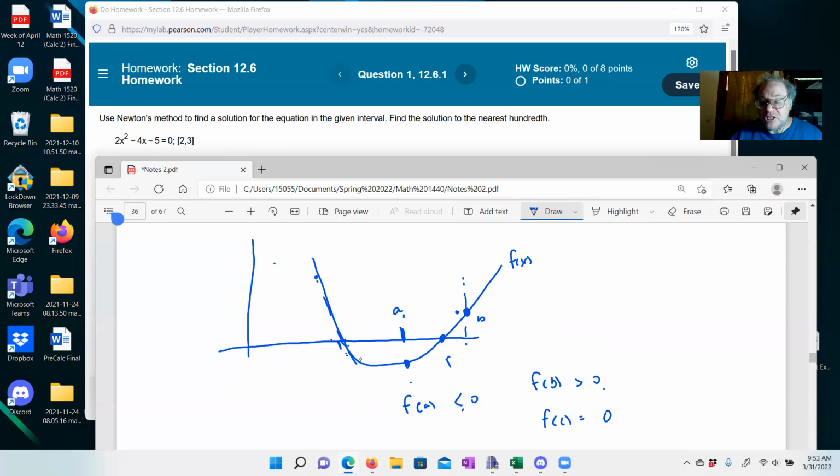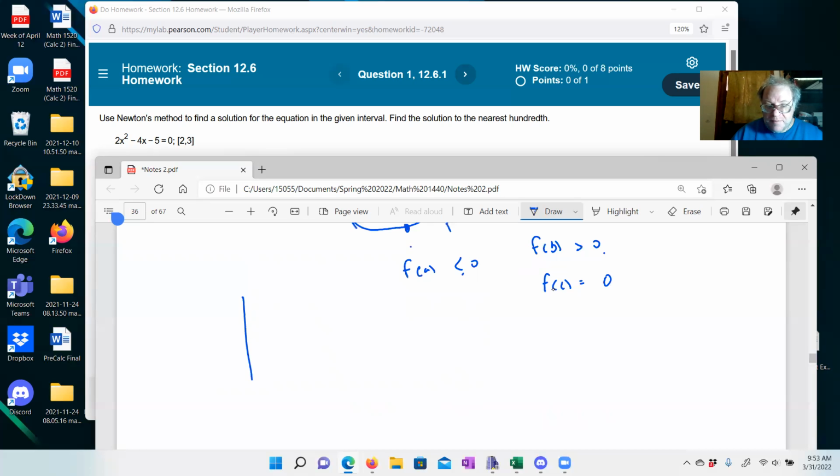And there's some other issues depending on what kind of value you have. If you happen to catch something close to a max or relative max, this could tell you where the max is, so to speak, but not where the zero is. So you have to be kind of close, but not super close.